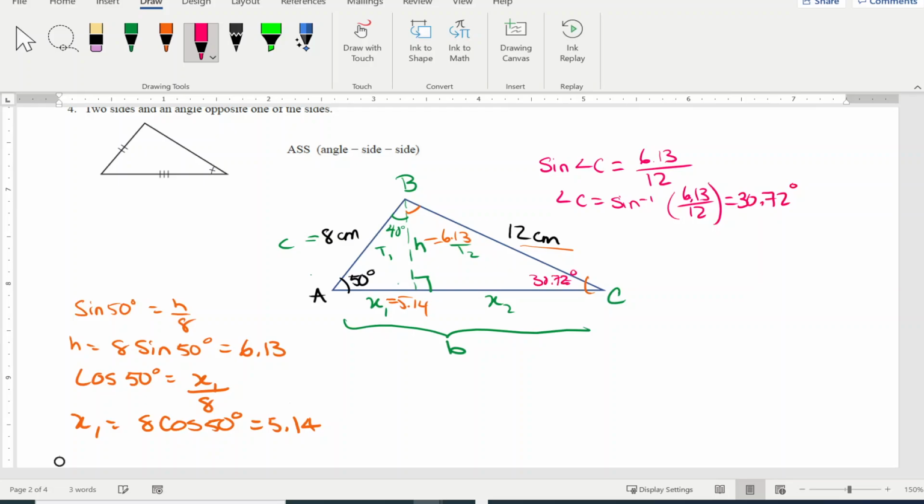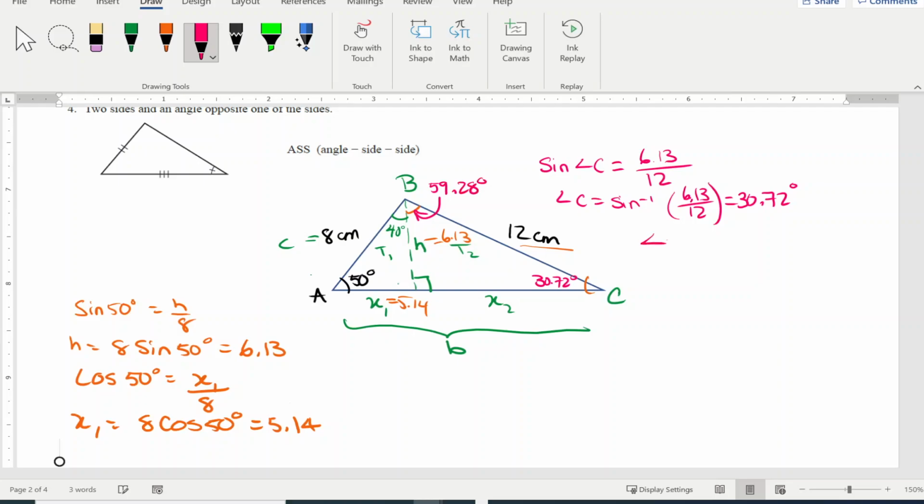Well, that means if this is 30.72, that this angle here must be 90 minus that, and that gives us 59.28 degrees.